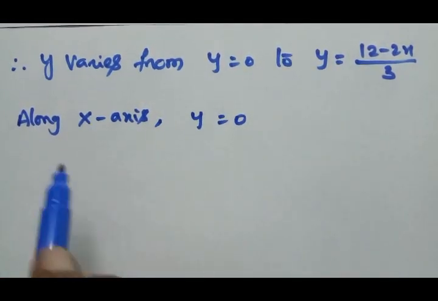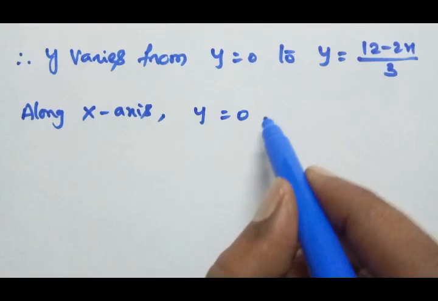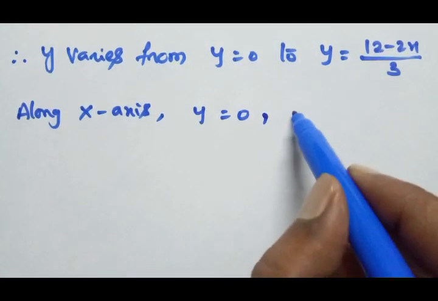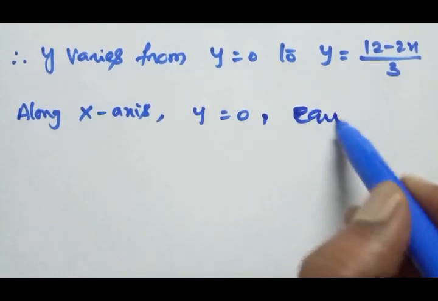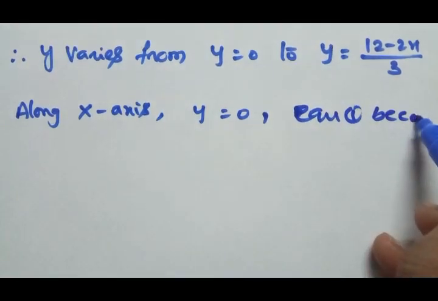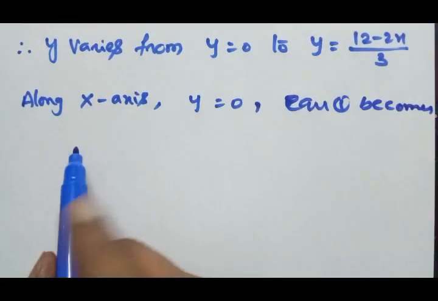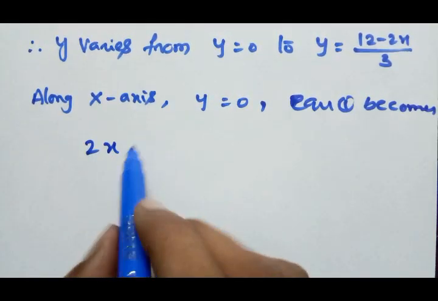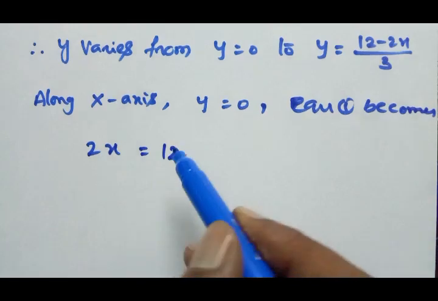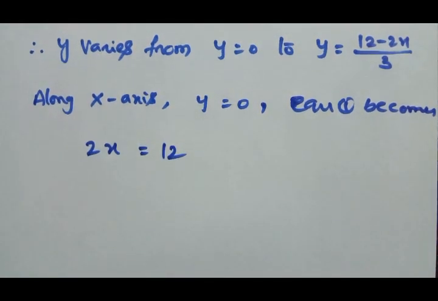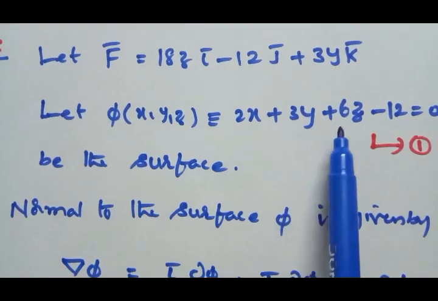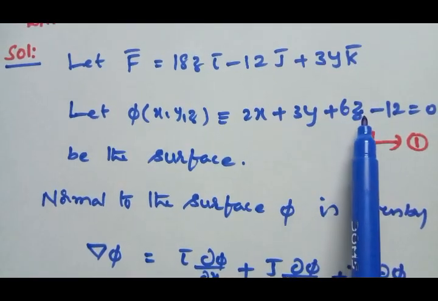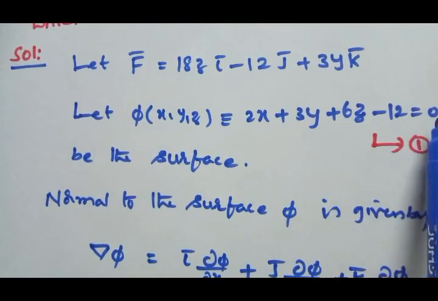Therefore equation 1, 2x plus 3y plus 6z minus 12 equal to 0, with y equal to 0, z equal to 0, becomes 2x minus 12 equal to 0.